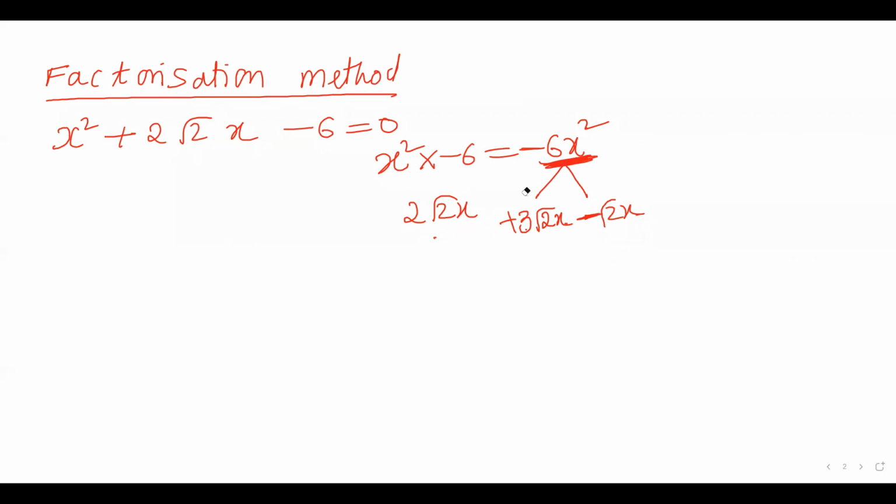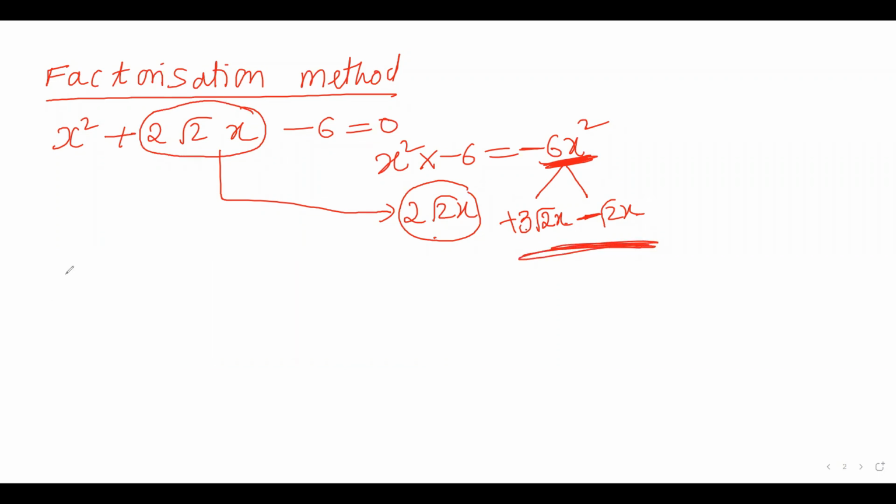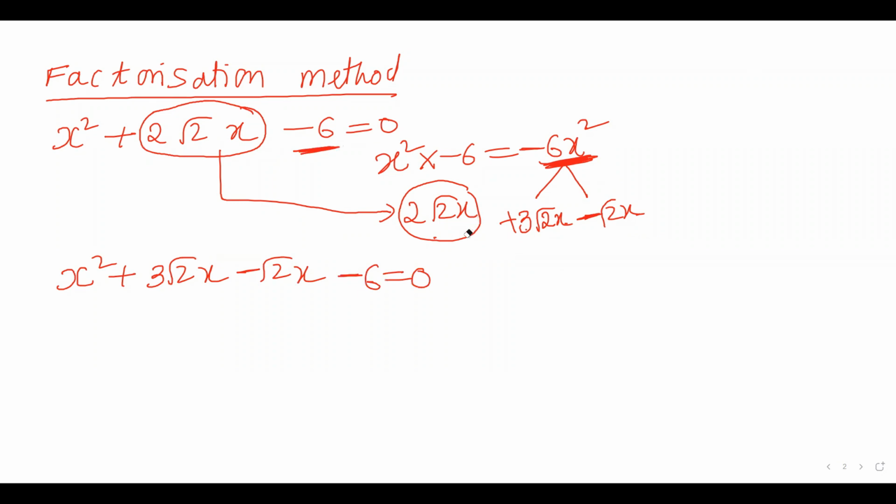Now let us write this term. This term will be written like this. So please write down x square plus 3 root 2x minus root 2x, and write down the last term. Start taking common from the first two terms.